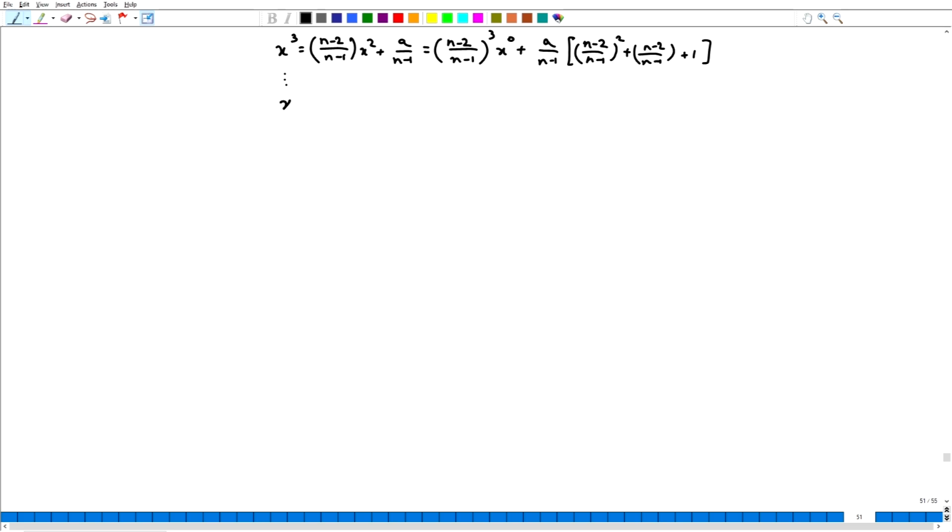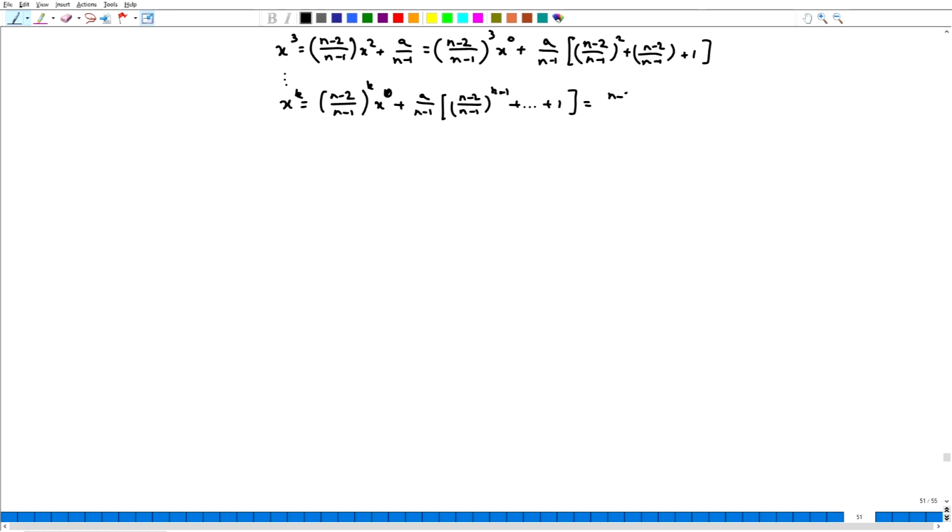So, in general xk will be ((n-2)/(n-1)) power k x0 plus a/(n-1) into the sum from k minus 1 to 1. You can see that this is a geometric progression, the sum of a geometric progression.